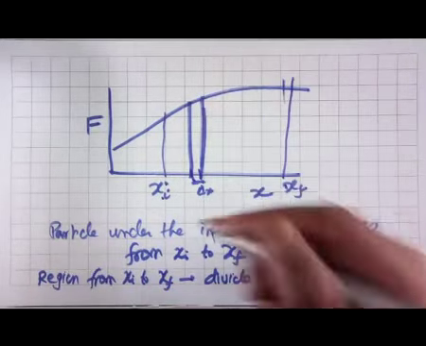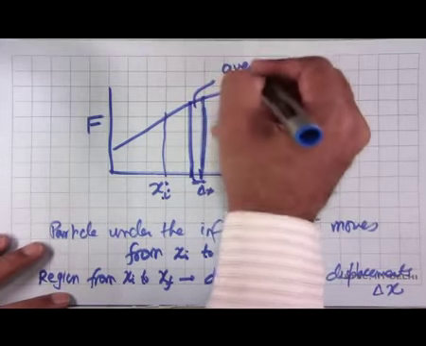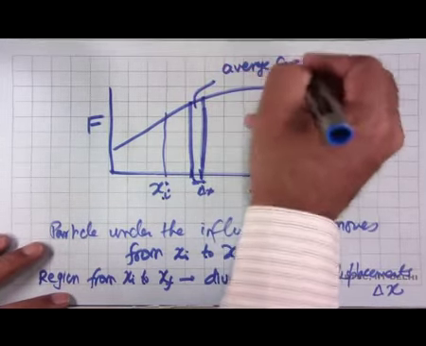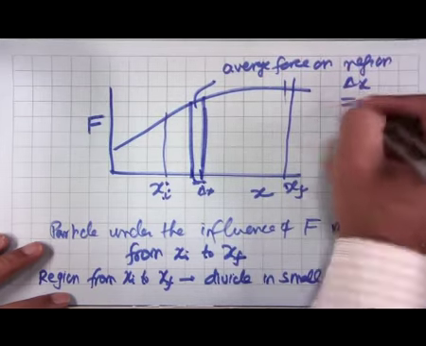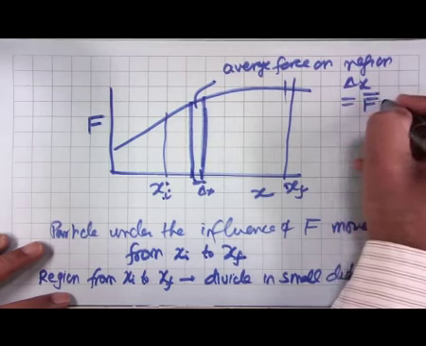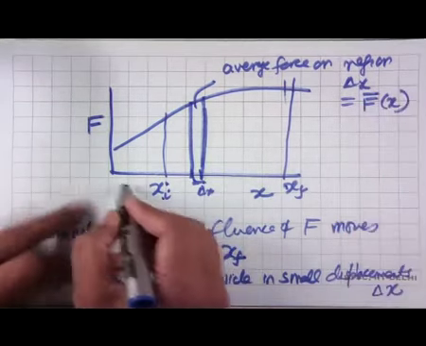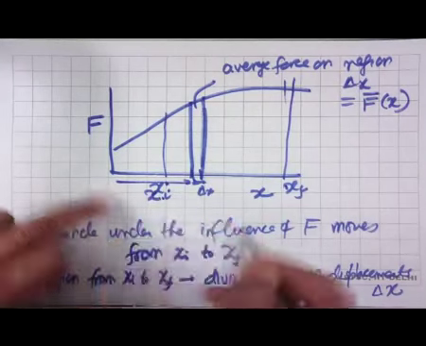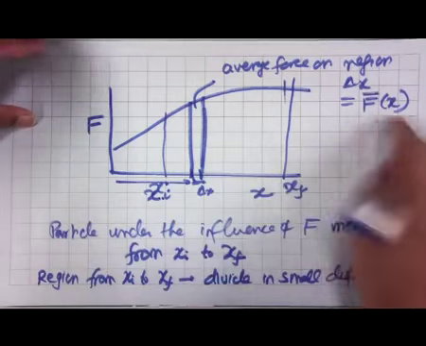So, I choose a small displacement delta x, and over this region let the average force on the region delta x be equal to f bar of x. So, we are at some distance x away, and there we look at a small displacement delta x, let the average force be f bar of x.